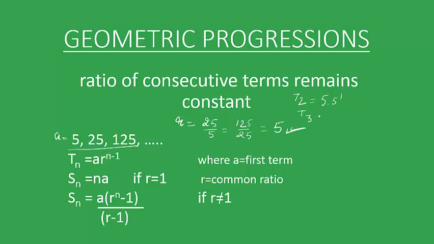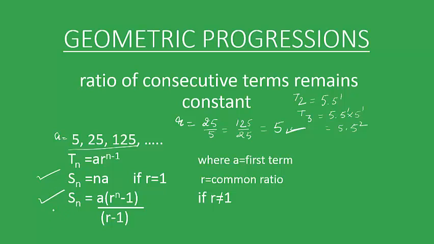The third term is equal to the second term into the common ratio, that is to say 5 into 5 raised to the power 2. Therefore the general term, as you can see, is coming out to be a into r raised to the power n minus 1.